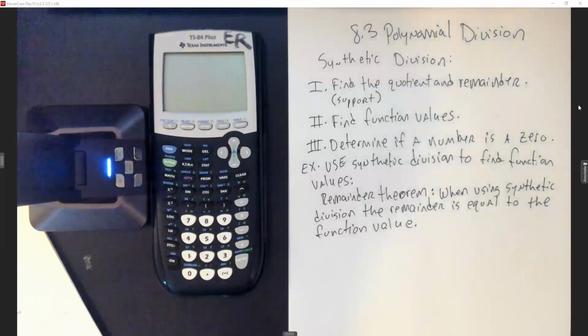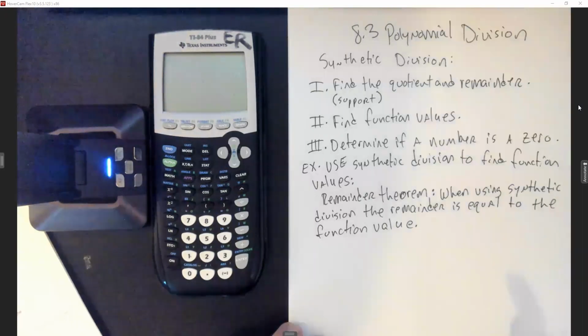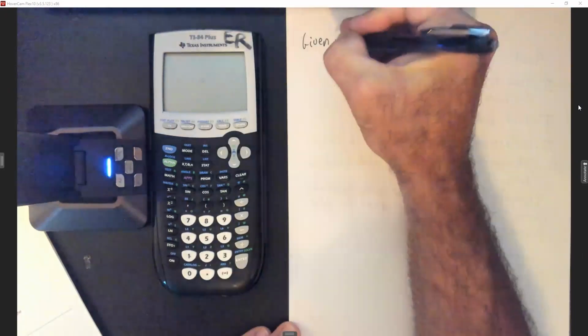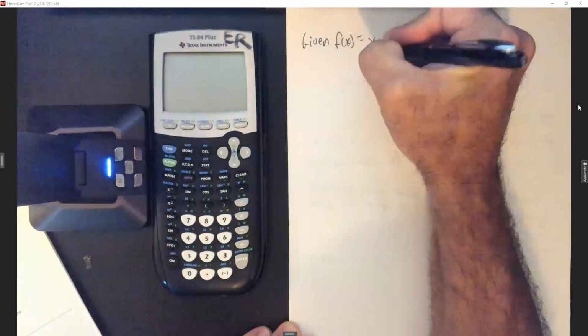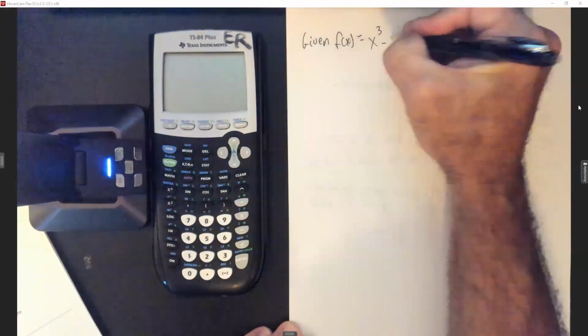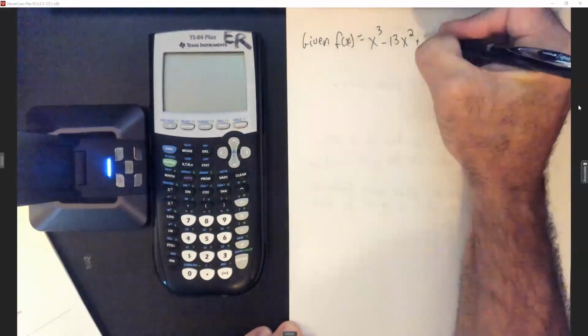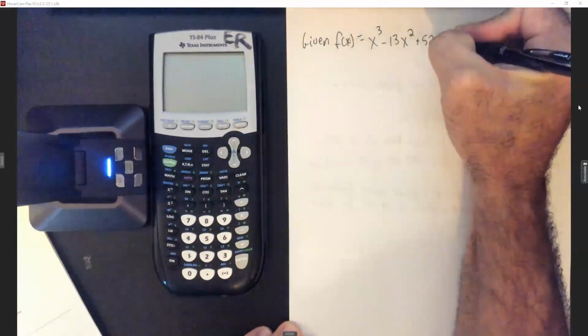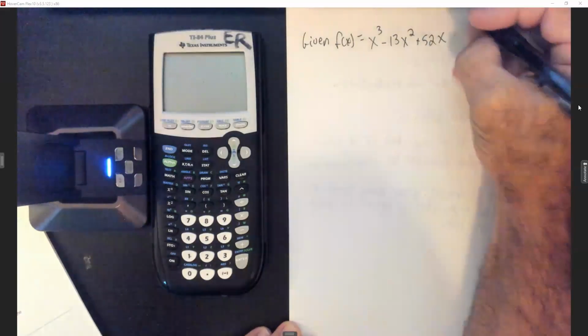Okay, so I'm going to turn this page over so I got a new page to start on. So we're going to use synthetic division. We're given f of x equals x to the third minus 13x squared plus 52x minus 60.